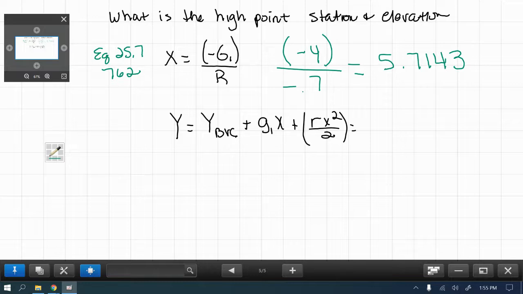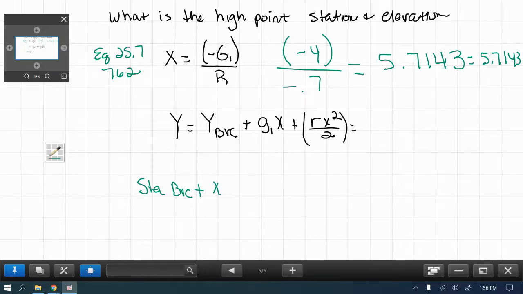You want to keep that to 4 decimal places, because in feet, that would be 571.43. So if I want to get the station, it'll be the station at your beginning vertical curve plus x.